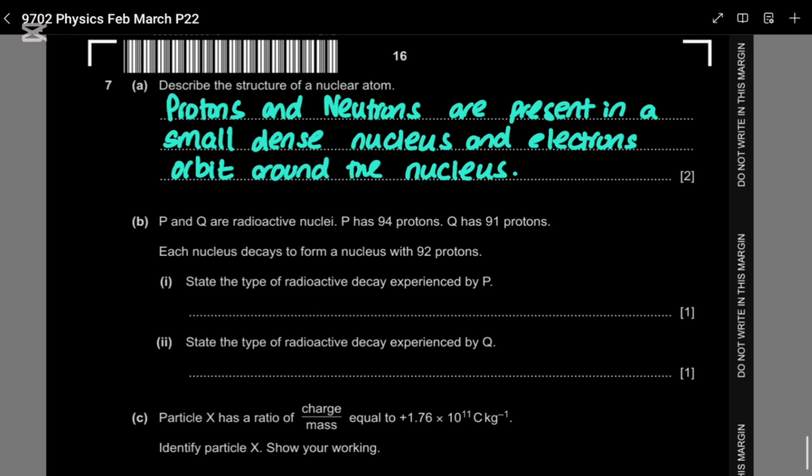Now part B, P and Q are radioactive nuclei. P has 94 protons, Q has 91 protons. Each nucleus decays to form a nucleus with 92 protons.